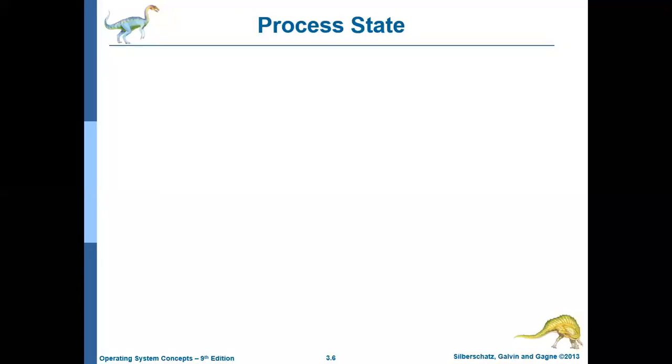So a process will be in a state called new when it is just created and it is loaded into memory. So the first state the process will be in, we call it the new state.